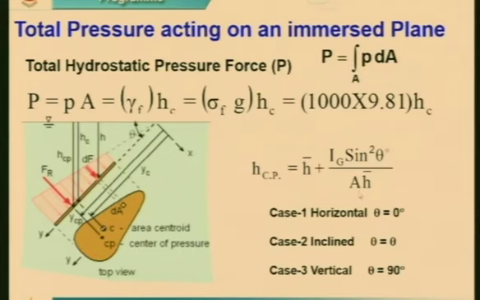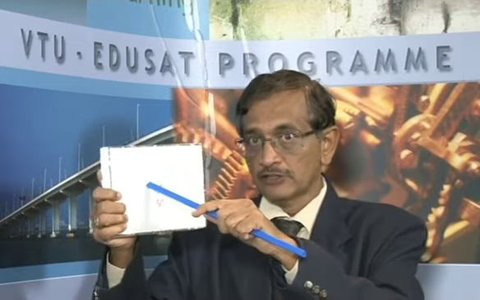So, the formula becomes HCP is equal to H bar plus Ig sin square 90 by A into H bar. Sin square 90 is 1, so the formula becomes H bar plus Ig divided by A into H bar. So, this is the way you can understand the center of pressure, which is slightly below the centroid in case of a vertical or an inclined surface.